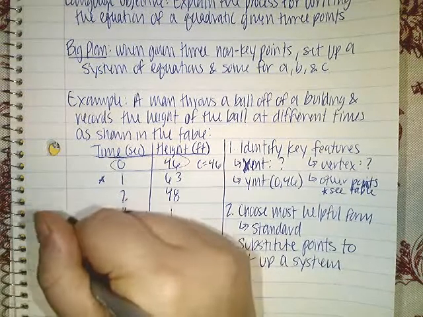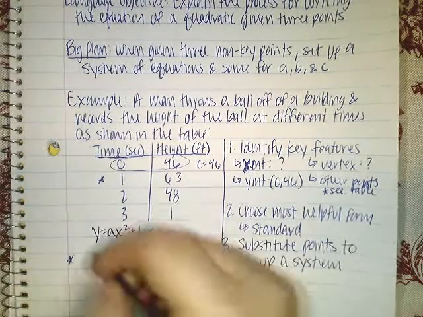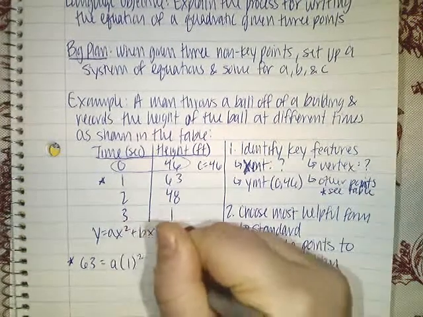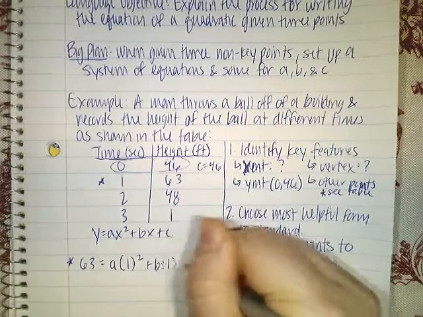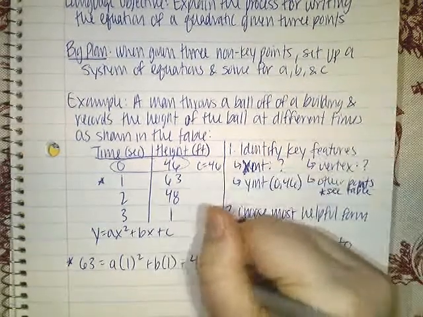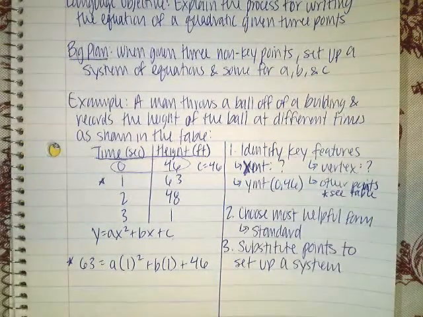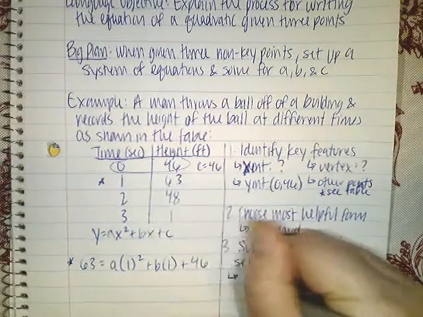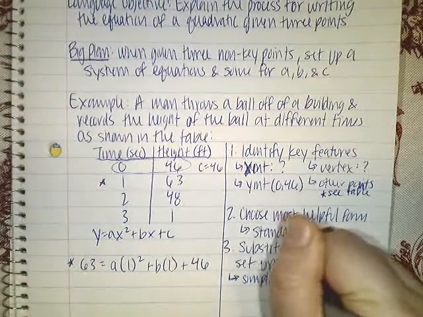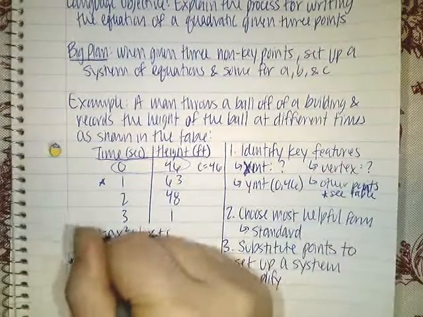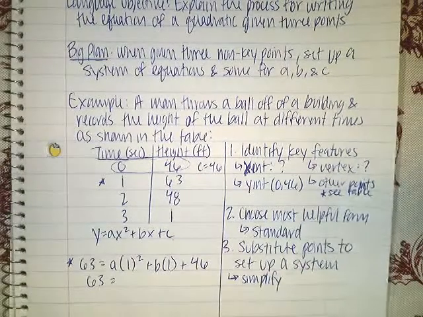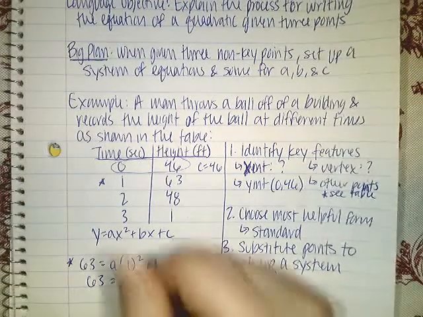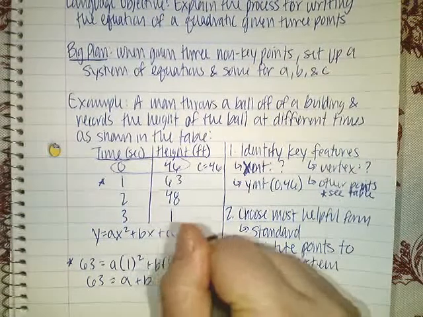So then I'm just going to choose another point to set up my system. I'm going to set up this one here. So I'm going to say 63 equals a times 1 squared plus b times 1 plus, I know c is 46, so that's going to go there. Then I'm going to simplify. So I get 63 equals 1 squared is 1 times a is still a, b times 1 is just b, plus 46.